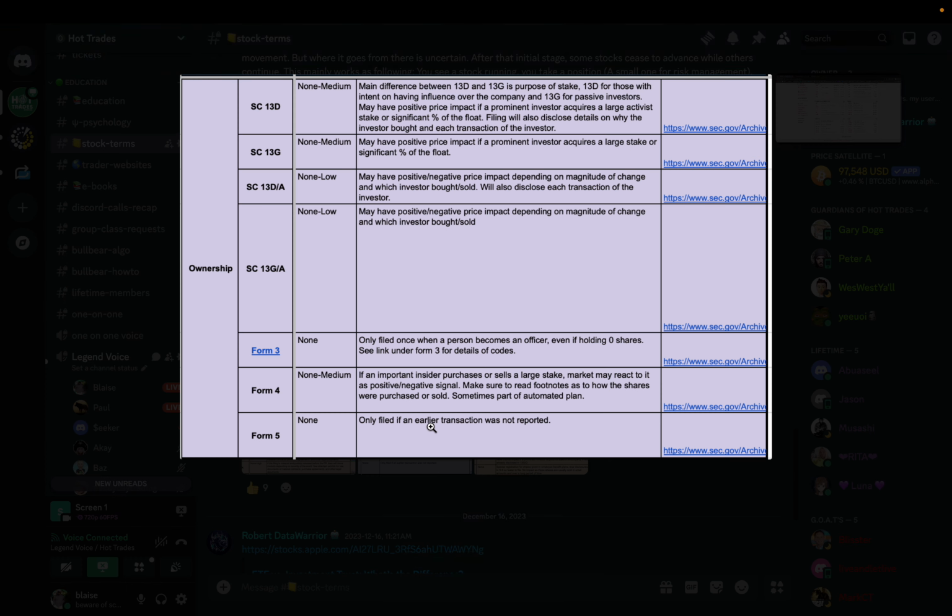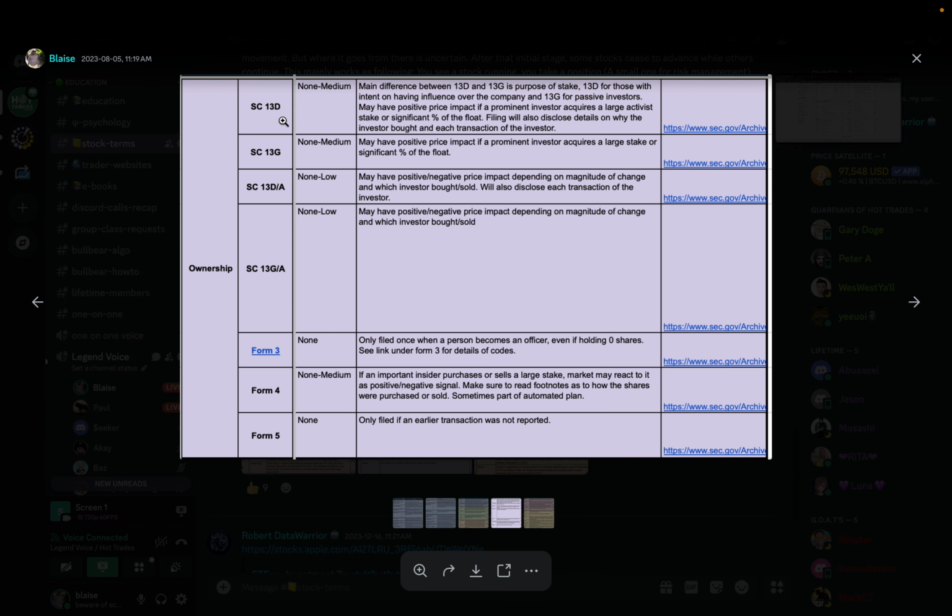Exactly. So again, what's an SC13D? The main difference between a 13D and a 13G is the purpose of the stake. 13D is for those with intent on having influence over the company, and 13G is for passive investors. What's an SC13G/A? What's a Form 4?